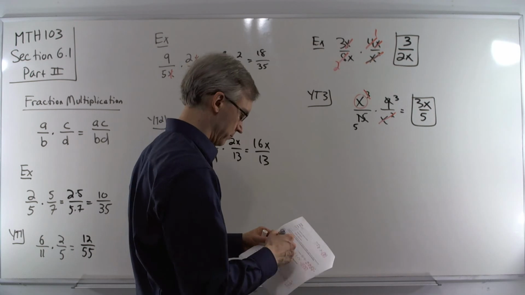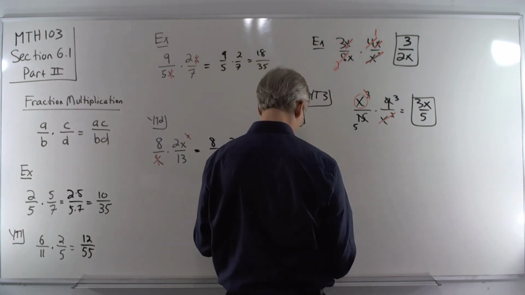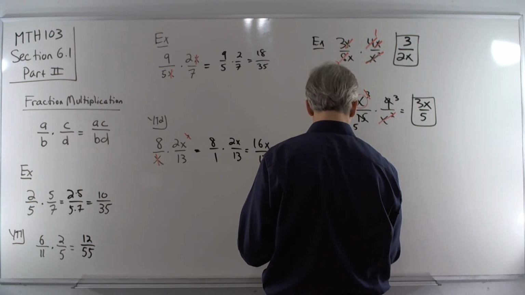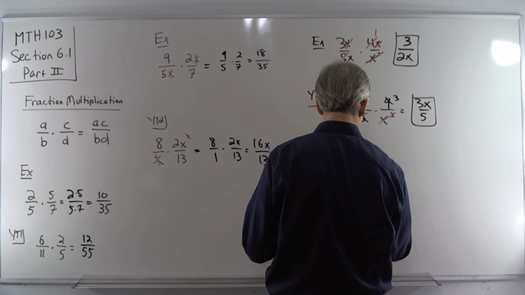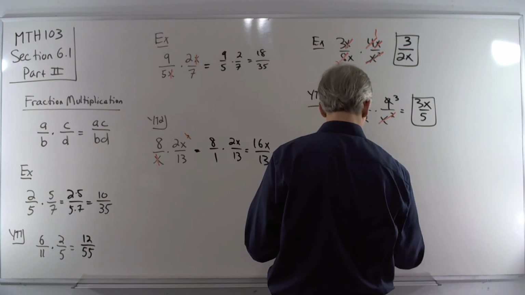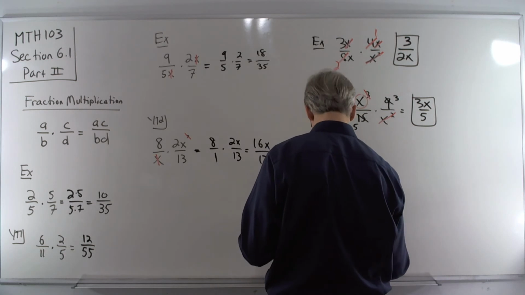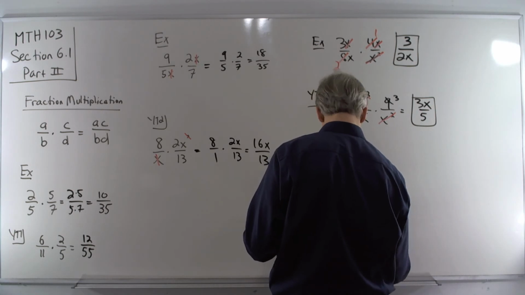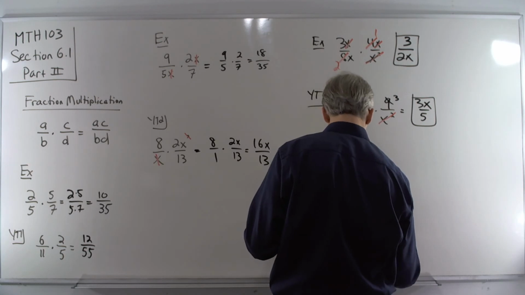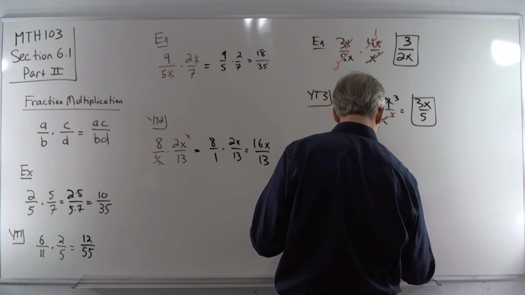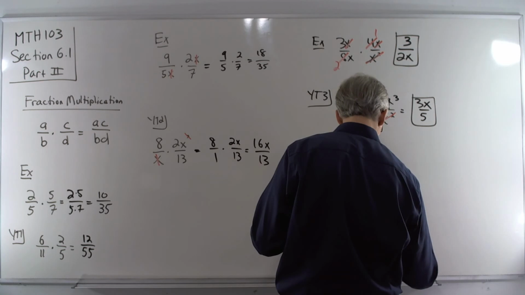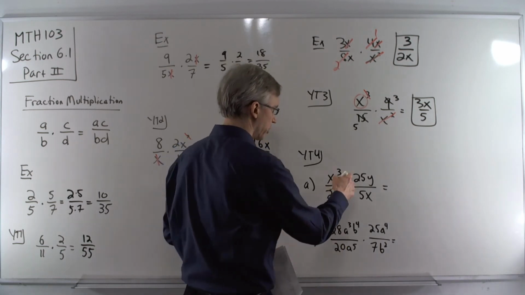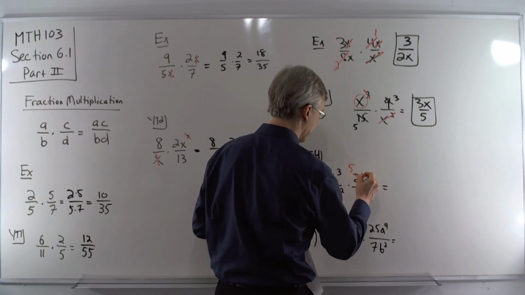Your turn, number 4. So the first one, we've got 25 over 5. 25 divided by 5 is 5, so that gives us 5 over 1 here.